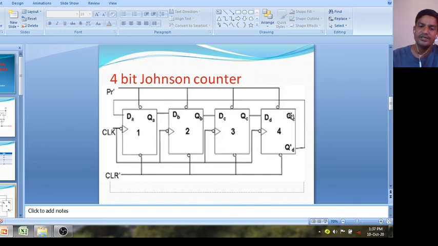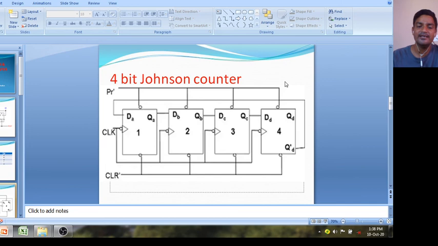But in a Johnson counter, we will connect the complemented output to the input of the first flip-flop. Connect the clock to all the flip-flops simultaneously. Now connect clear bar to all the clear bar pins. Clear bar means all values will be 0. Also connect preset to all the flip-flops.